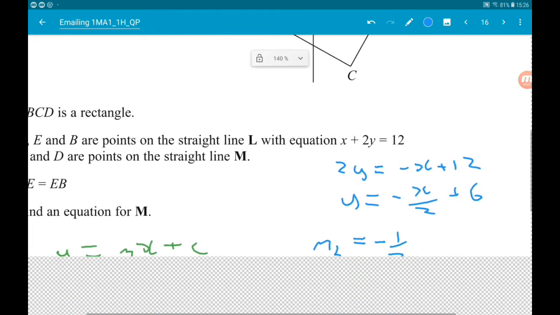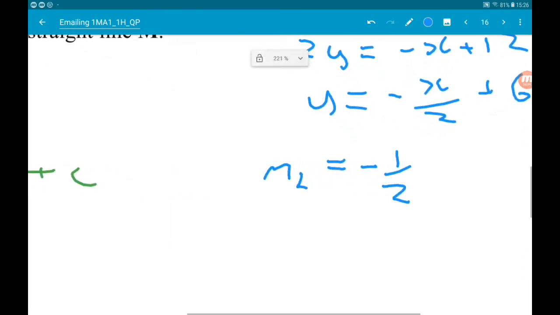So from that, we can say that the gradient of M times minus 1/2 is equal to minus 1.